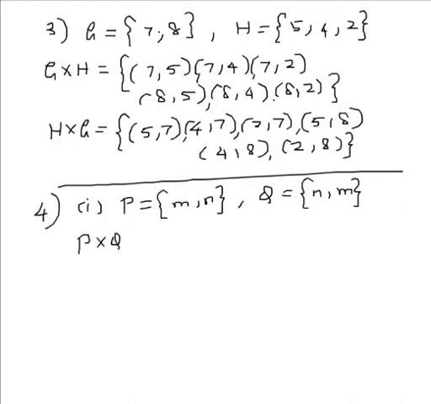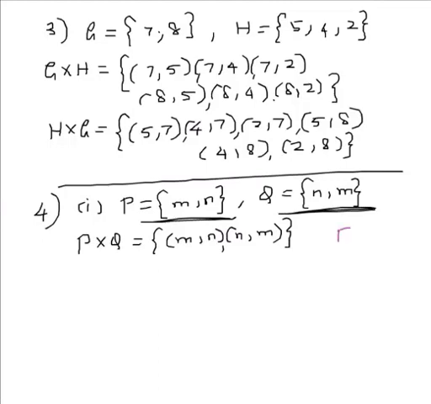P cross Q is given as (m,n) and (n,m). We know that P has two elements, Q has two elements, so P cross Q will have 2 2s are 4 elements. But here only 2 elements are given, therefore this is false.